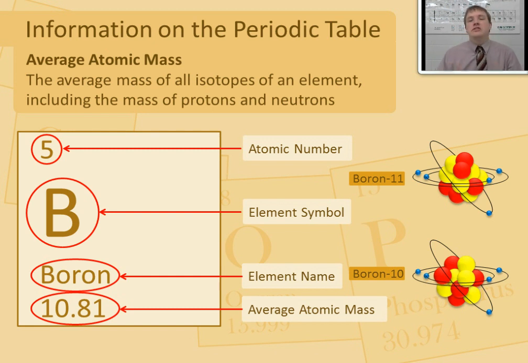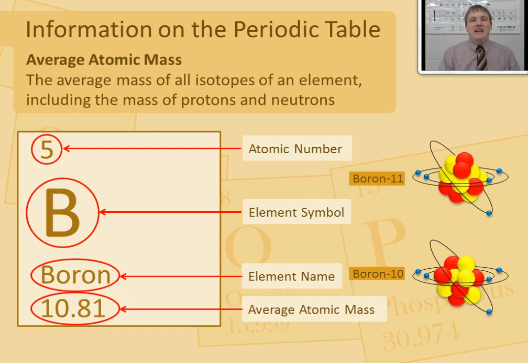No. There is no such thing as a part of a neutron or a part of a proton. That doesn't happen. But what does happen for most atoms is in nature there are several different isotopes of those atoms, and when you take the average mass of all of the isotopes, you get a decimal number, and that's the number that's on the periodic table.